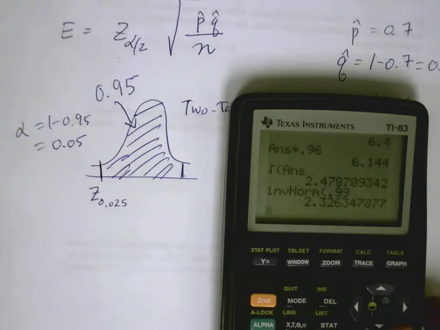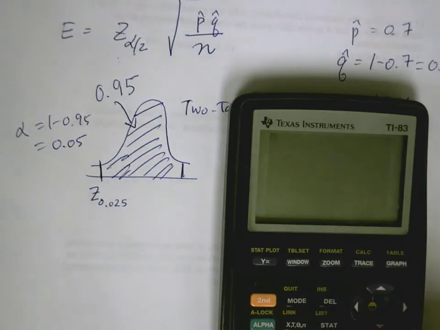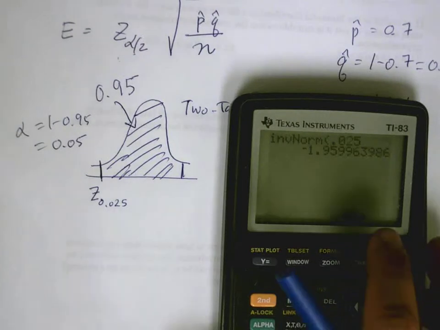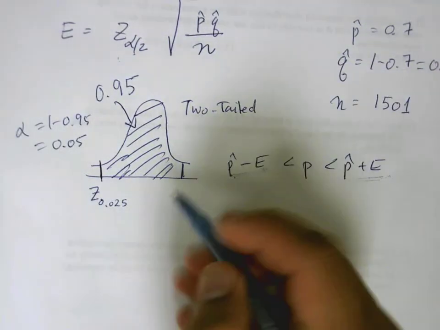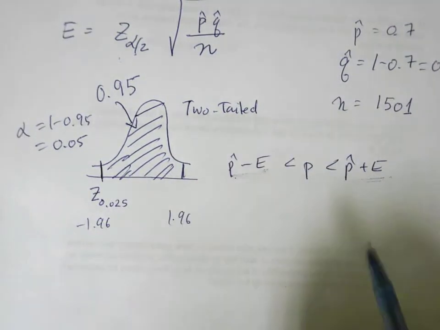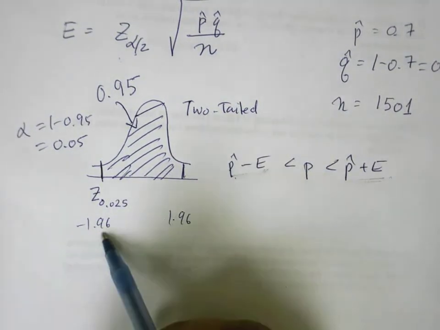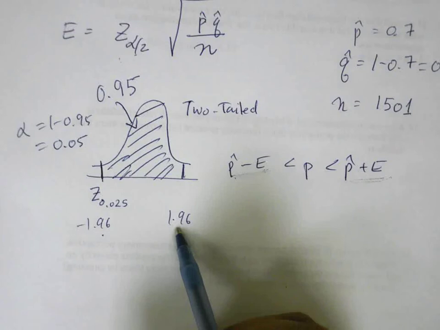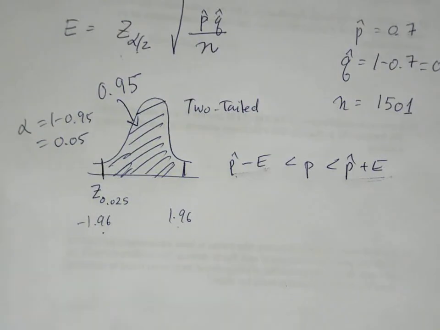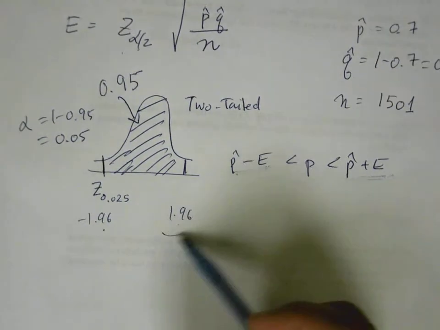We go to second distribution, inverse norm, 0.025, and this gives us about negative 1.96. So it's negative 1.96 and 1.96 on each side. There's a negative number, there's a positive number. It doesn't really matter which one you use. It's going to produce the exact same result. So I'm just going to use the positive one for now.